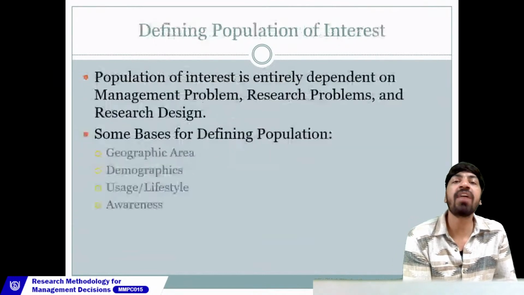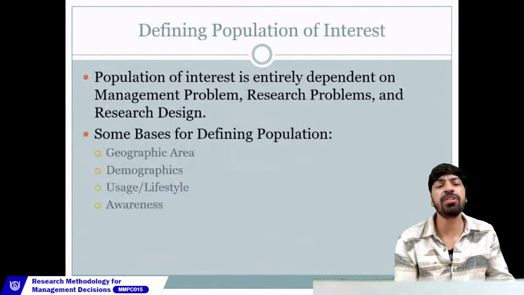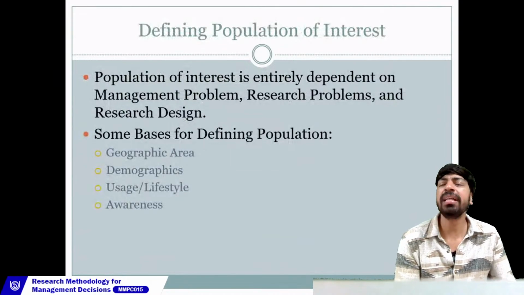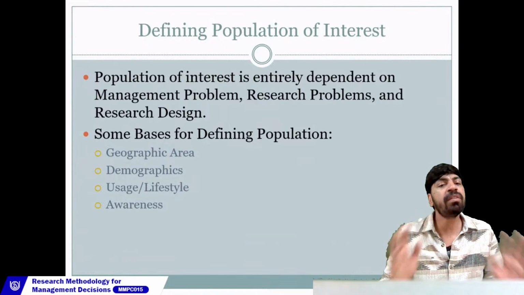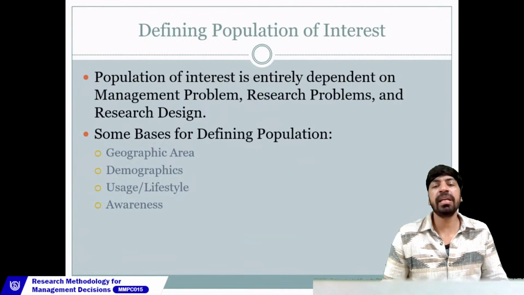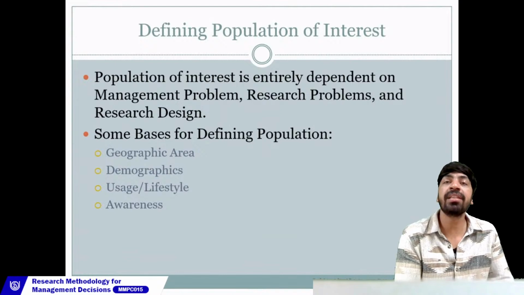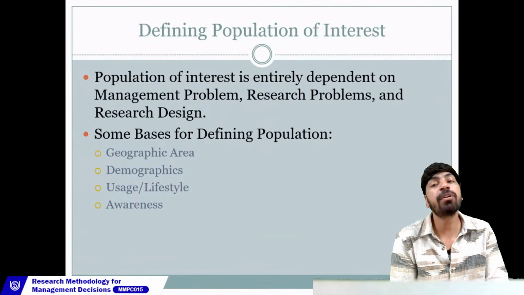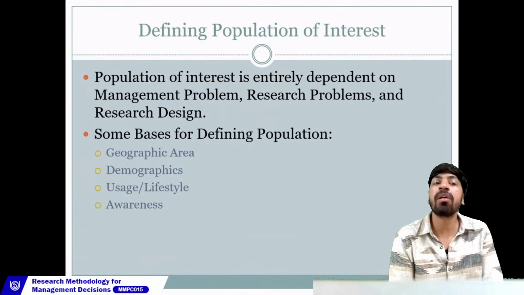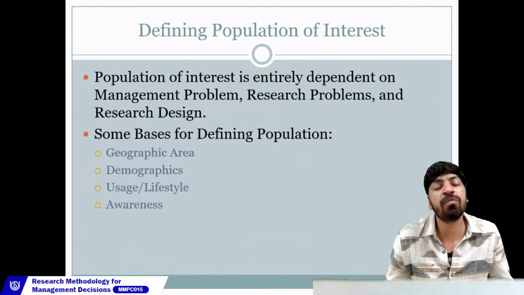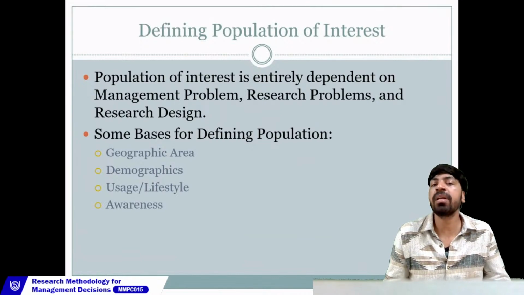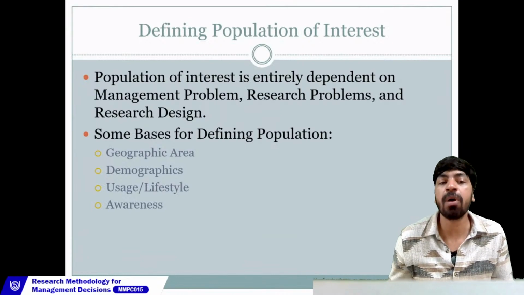The next one is defining the population of interest. The population of interest depends entirely on the management problems, research problems, and research design. Whatever issues come up are related to these problems only. So it depends on what population of interest a particular researcher has, and it is entirely dependent on these three problems.